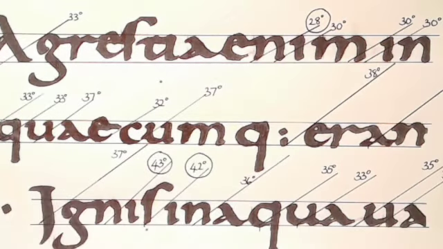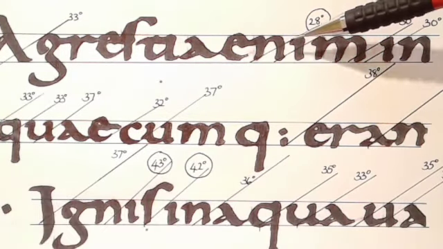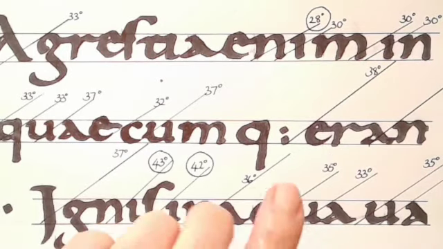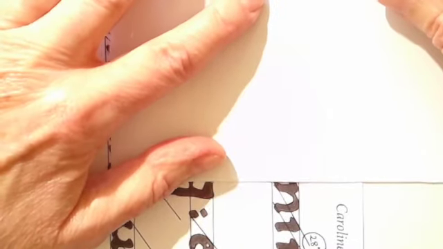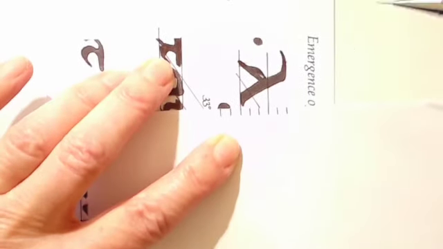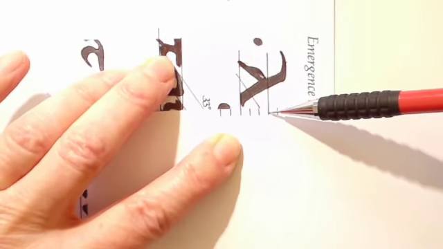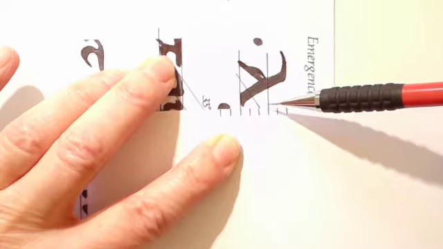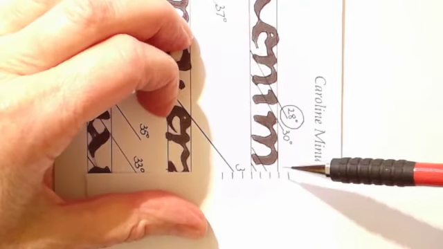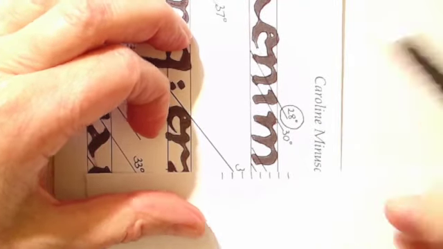On my example, I've drawn in the top line, so we now have the depth of the line of writing established. And I can use my nib width ruler and offer it up to those lines and read off the results. So 3 nib widths wide there. I'm just going to try it at a different point along the line. 3 nib widths there.